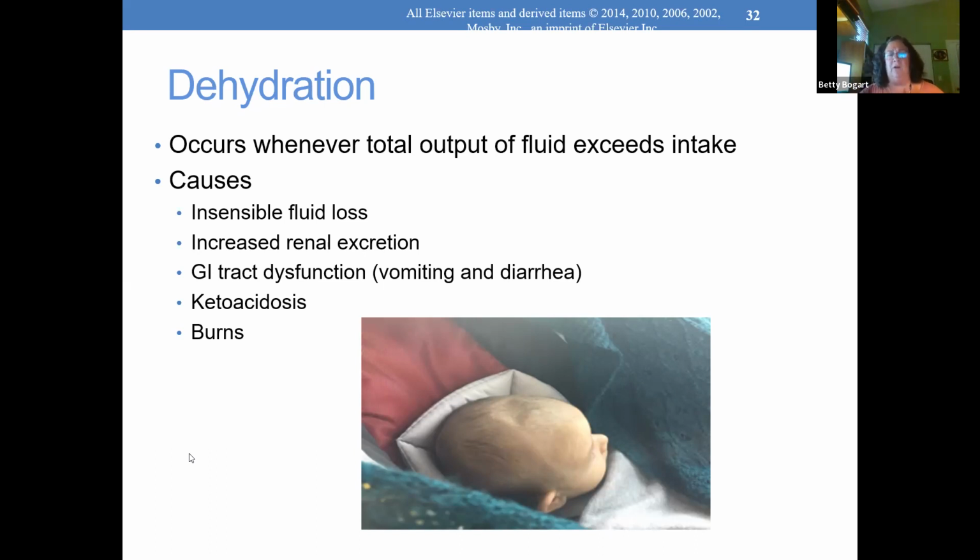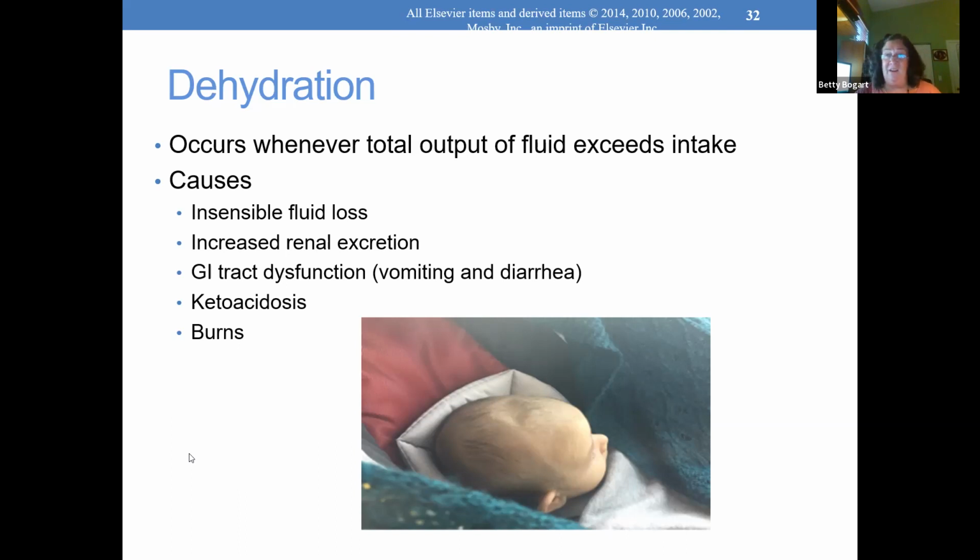If you looked closer, dry membranes, tenting of skin, no urine output, elevated heart rate, low blood pressure, all of those things that you're going to see. Dehydration can be caused by many things. We think of the vomiting, diarrhea things, but sometimes the kidneys just work too well and produce too much urinary output.